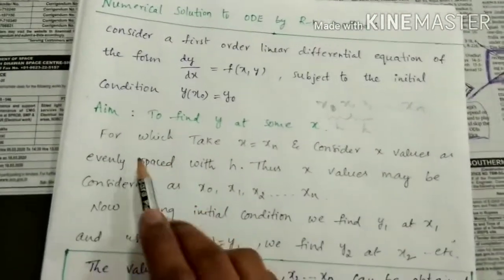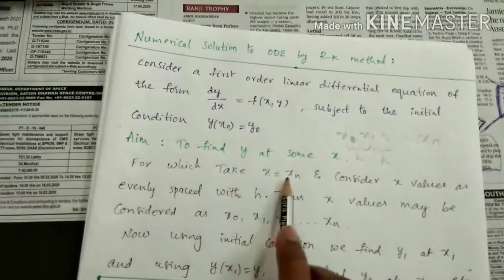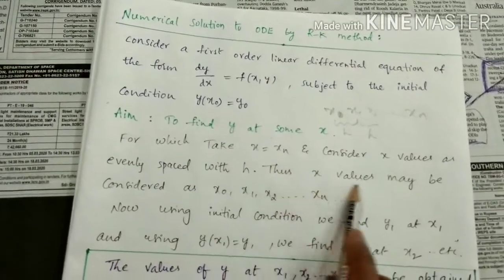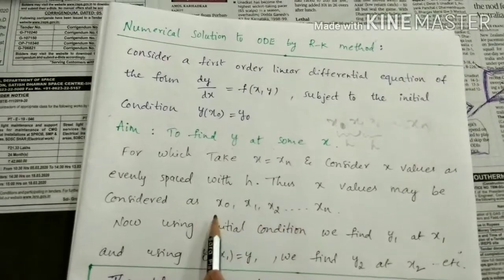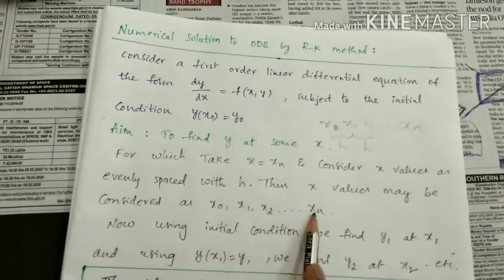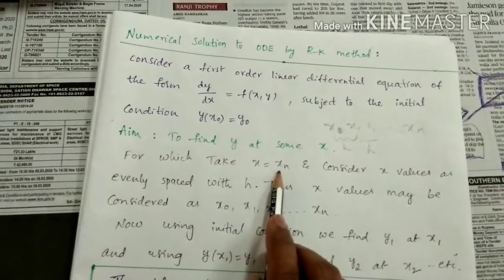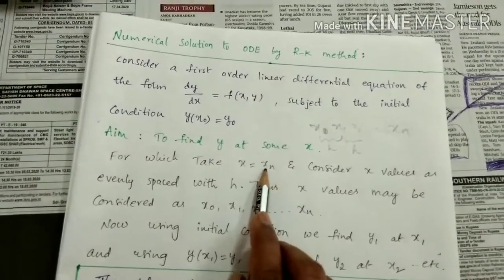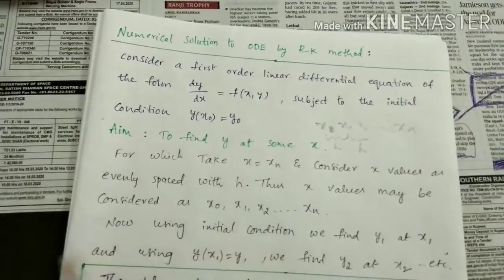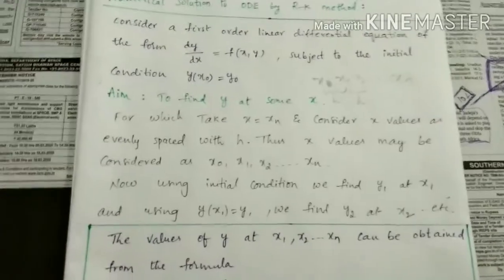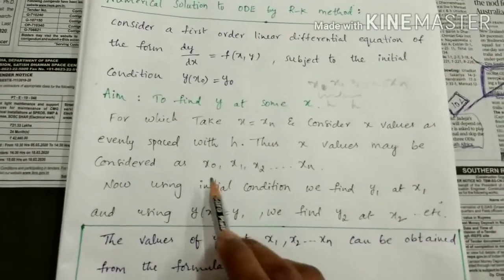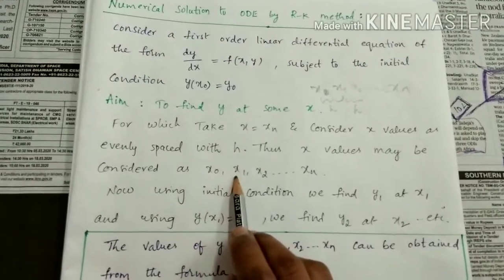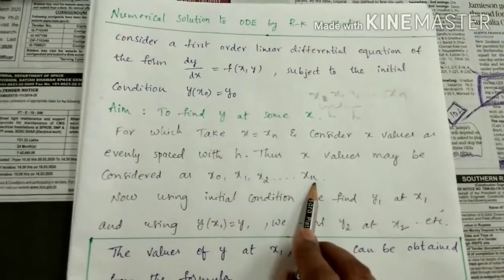So, we are just taking all the x values as x0, x1, x2 and so on, xn, starting from x0 and ending at xn, where y is to be determined. They are all equally spaced with some number h. Now, we are going to find y values at x1, x2 and so on, xn.